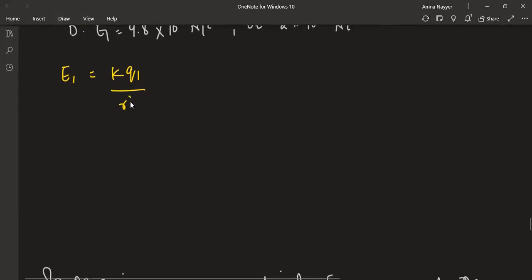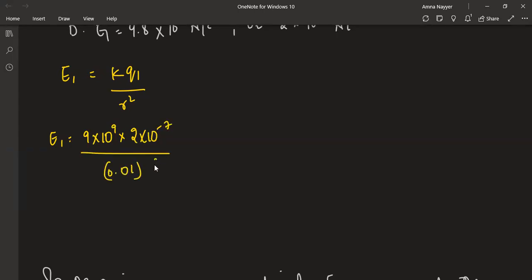So if you write the values of E1, K will be 9 into 10 to the power 9. Charge will be 2 into 10 to the power minus 7. And R will be 0.01 whole square. So E1 will be equal to 1.8 into 10 to the power 7 Newton per Coulomb.